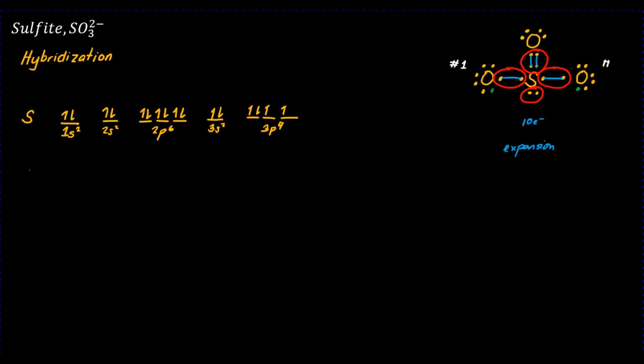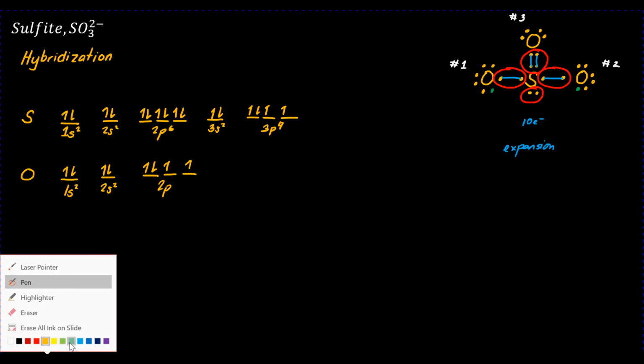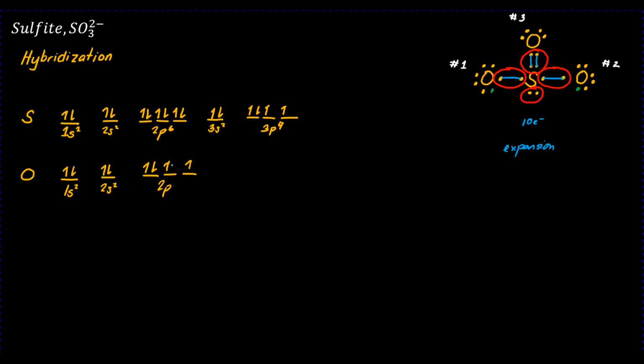This one is oxygen number 2. And this one is oxygen number 3. Here we have to take note that we added an extra electron earlier. So normally oxygen is 1s2, 2s2, 2p4, but I'm not going to write it here to avoid confusion. I'm not going to write 2p4, but take note that we have an extra electron here.